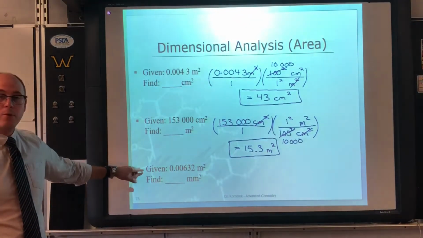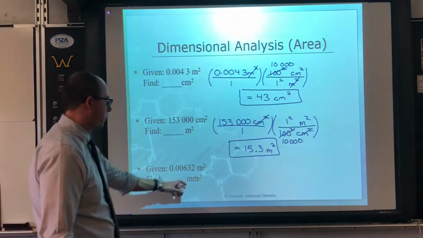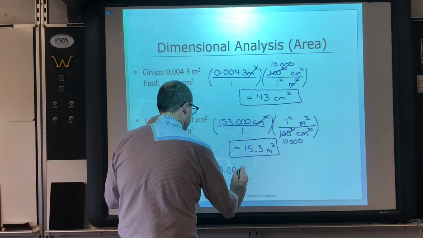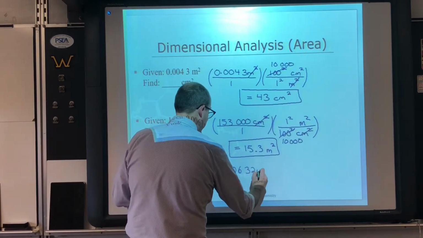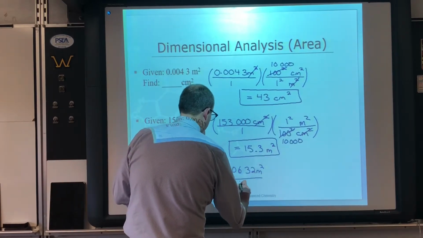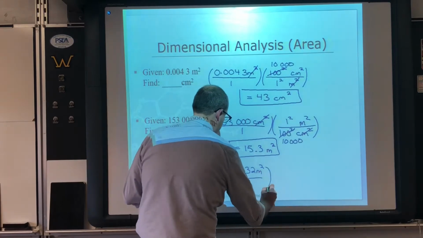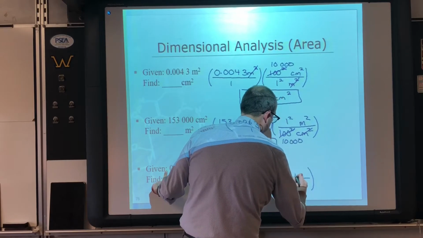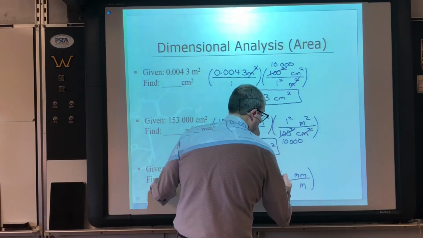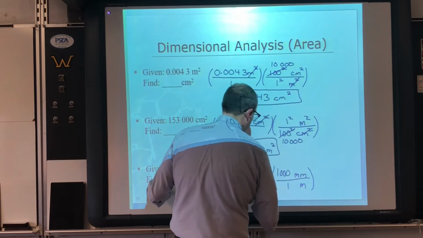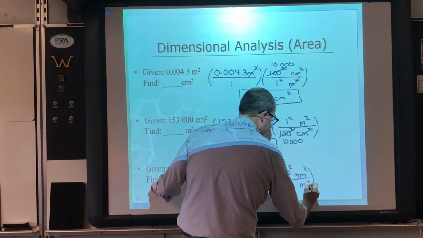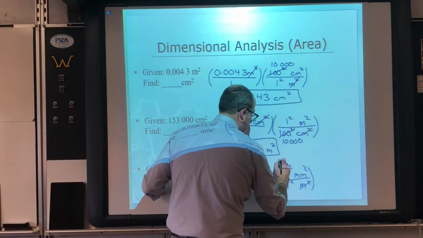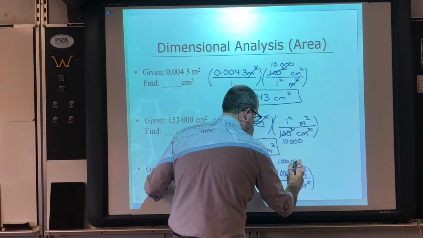In the last example, we now look at millimeters squared and meters squared. Begin with 0.00632 meters squared over 1. Meters on the bottom so that it goes away, millimeters up top. 1,000 millimeters in 1 meter, squaring everything and canceling meters squared. 1,000 squared is 1,000,000.